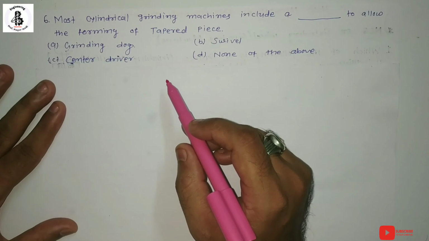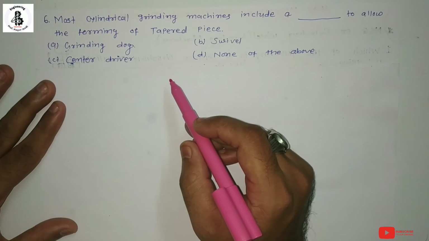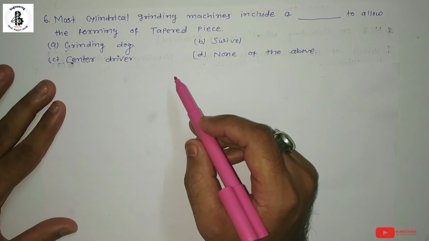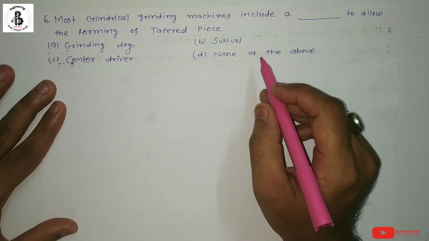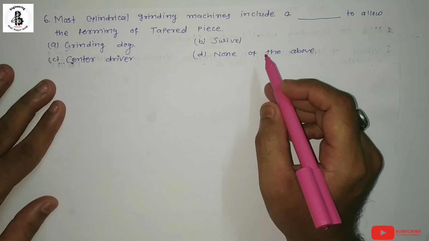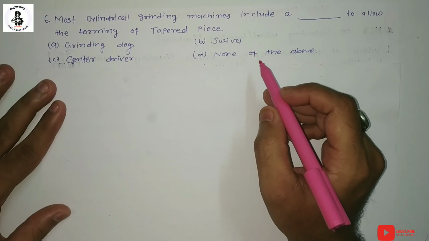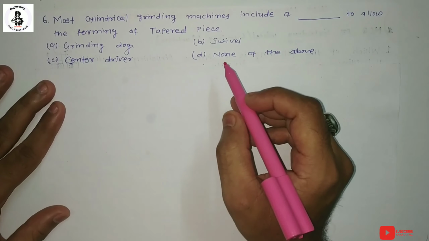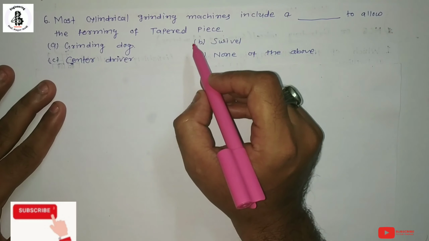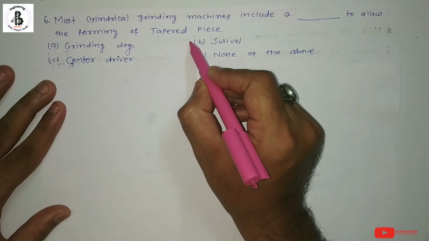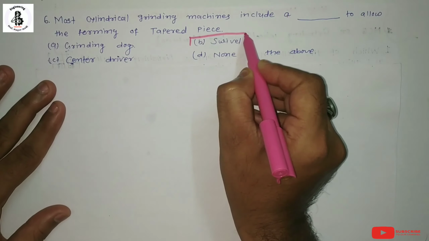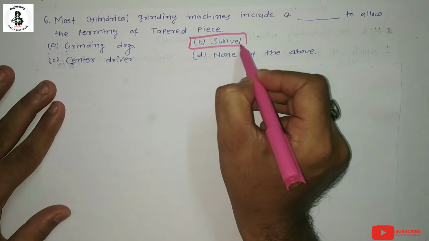So basically cylindrical grinding machines include a swivel to allow the forming of a tapered piece. If you want to make a tapered piece on a cylindrical grinding machine, you have to swivel it, then you can easily form a tapered piece. So option B is the right answer for this question.